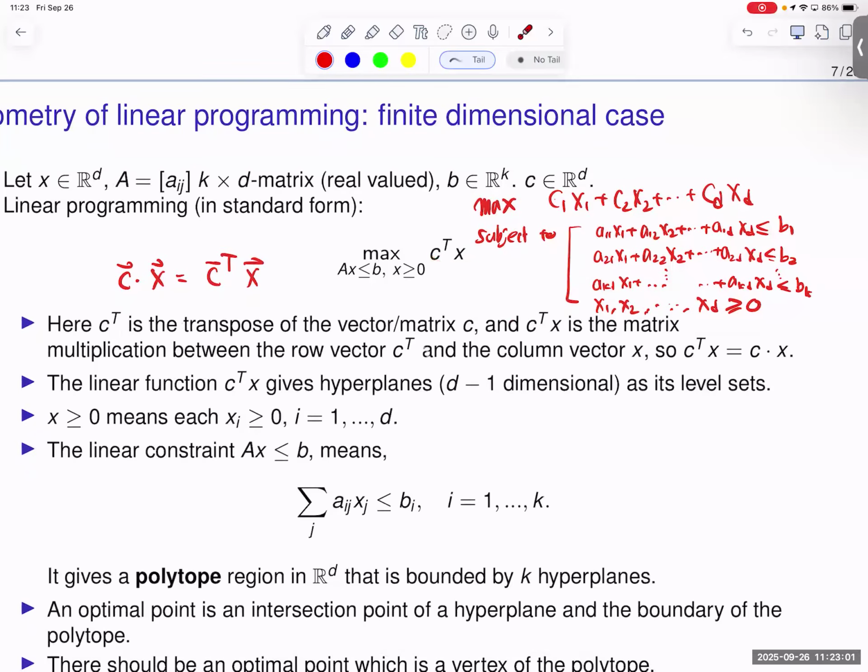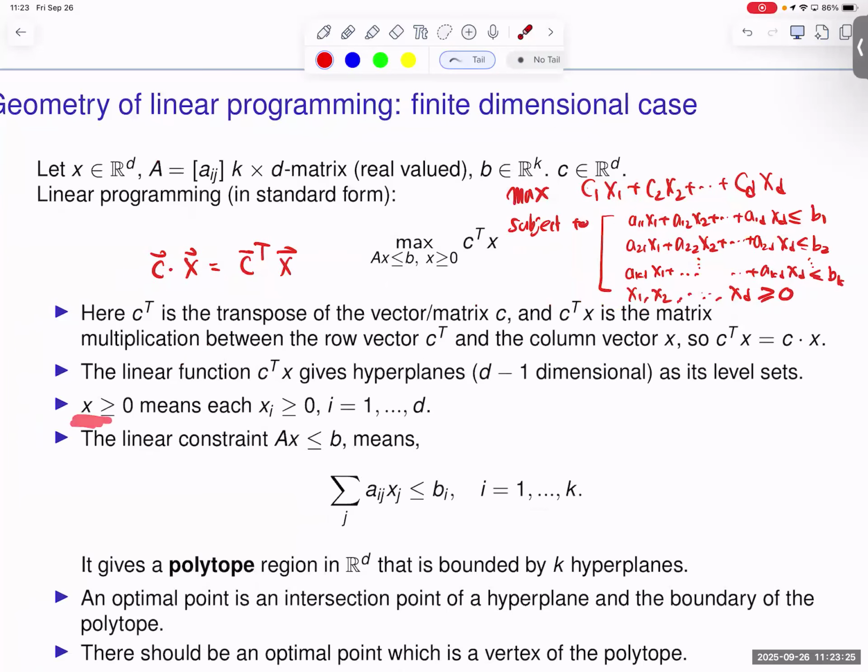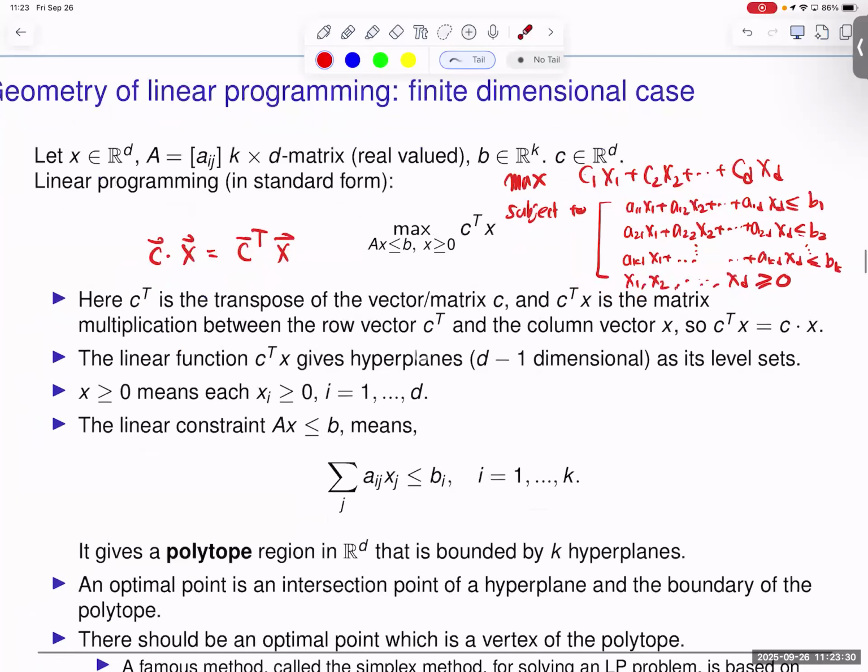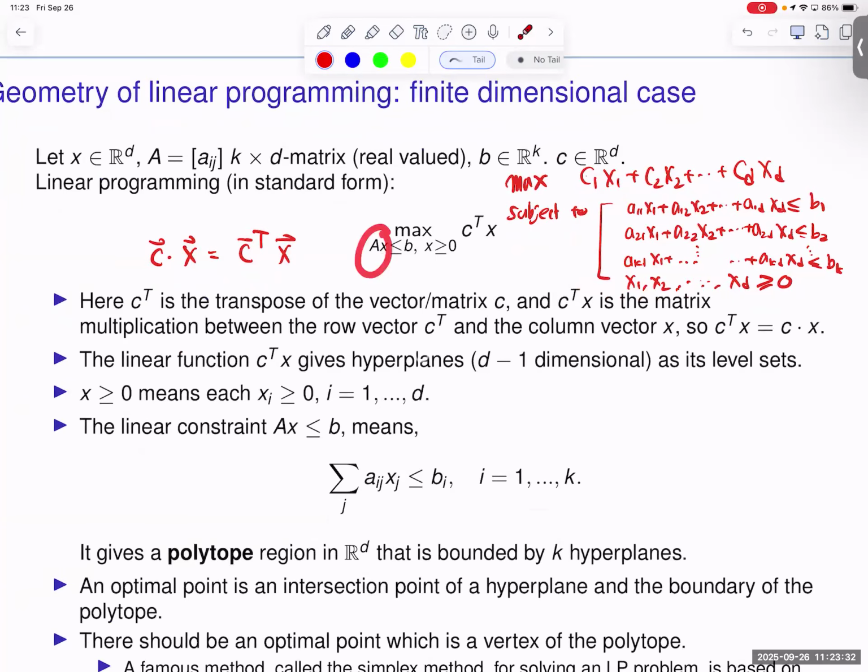So this is the dot product, and what is this notation? Here x and this Ax are vectors. b is also a vector. Between vectors, what is this inequality? I mean, vectors are not necessarily numbers, right? So how can you compare these vectors? What does this inequality mean? Here, let's say this x vector being non-negative means each component is non-negative. And here we have this vector Ax on the left, and the other vector b on the right. Then what is their comparison?